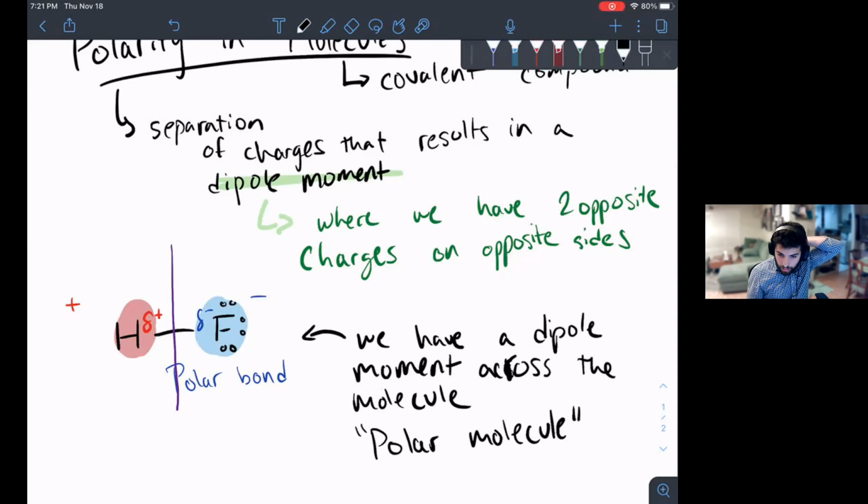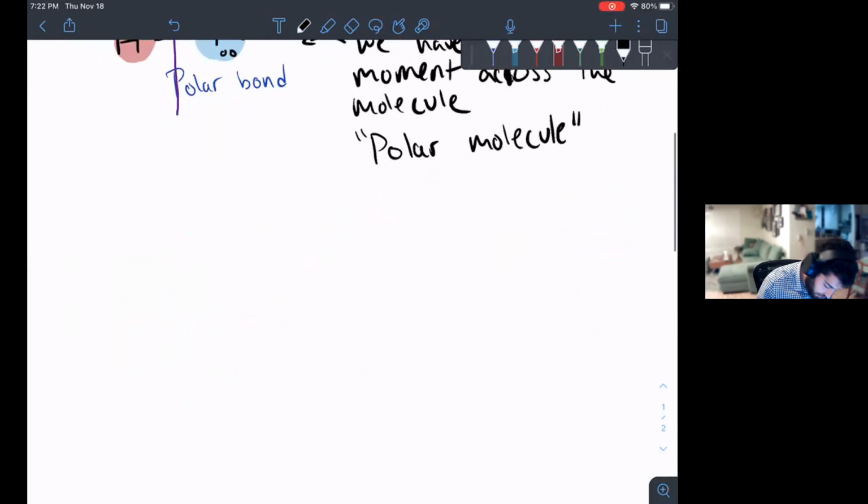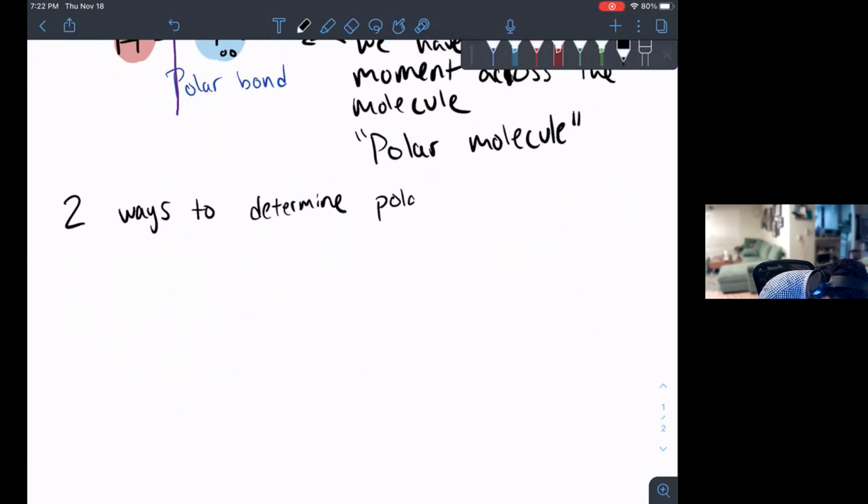So it's not too hard to see. And as I go over polarity in molecules, I'm going to go over two different ways to determine polarity.